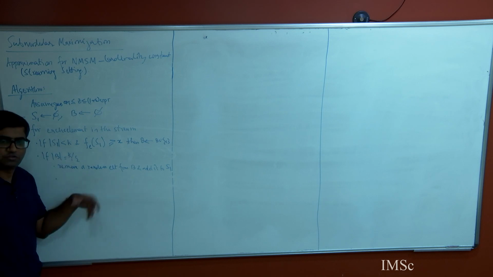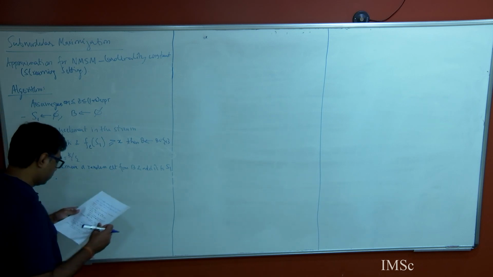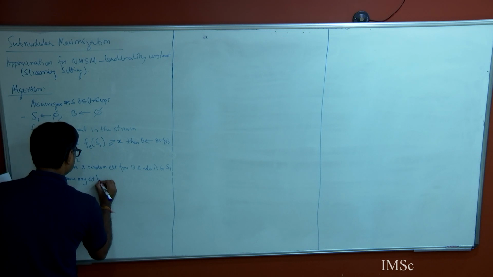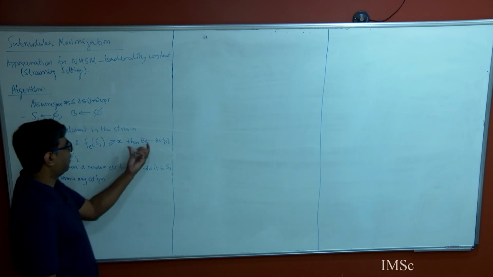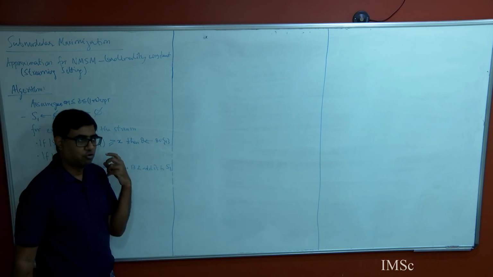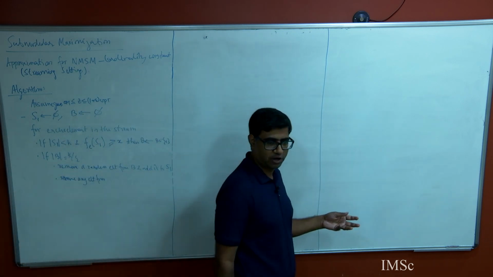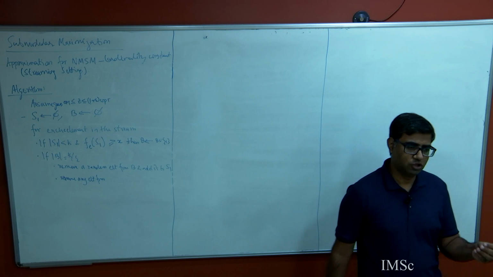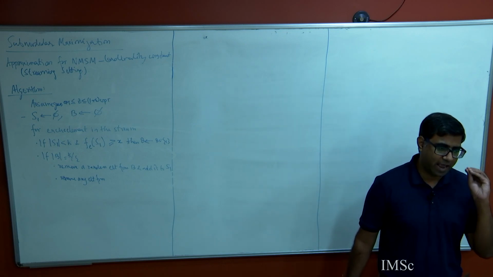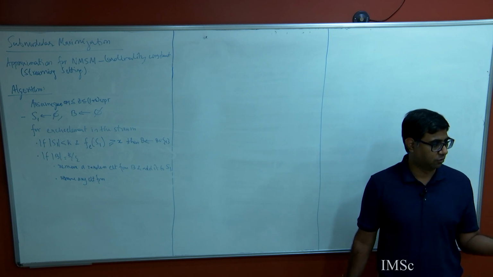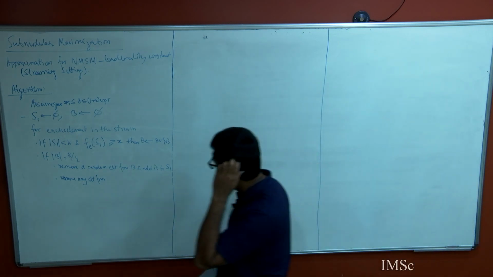So what should we do? We should throw away those elements, okay? So B is your buffer of elements such that if you add any element of those to the current S1 which you are trying to maintain, then you are guaranteed that the marginal will increase, which is good, okay.